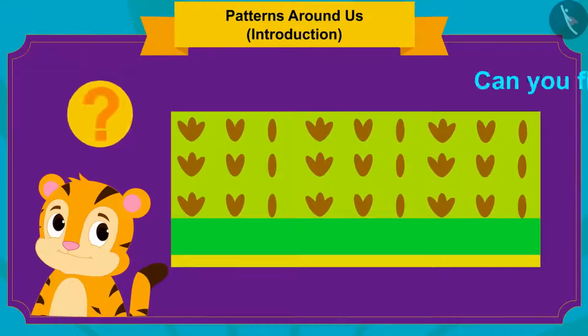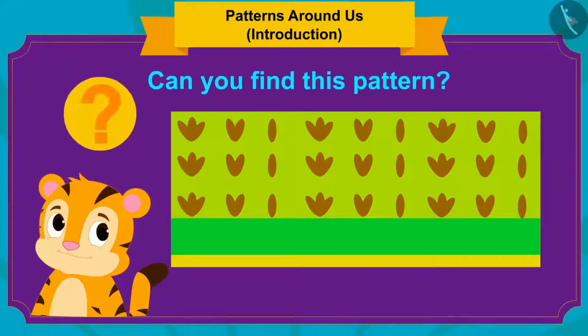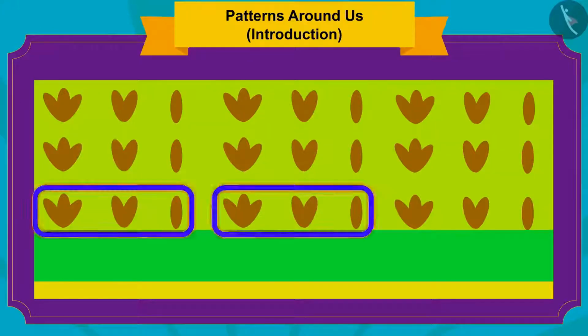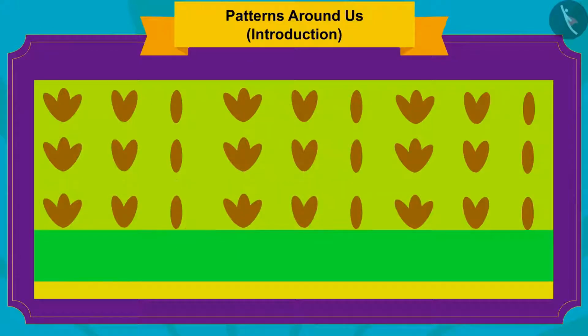Children, can you find this pattern? Here, a pattern having 3, 2, and 1 leaves of the same shape is repeating, thereby forming a pattern.